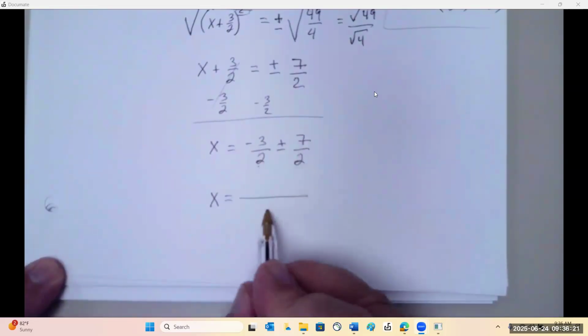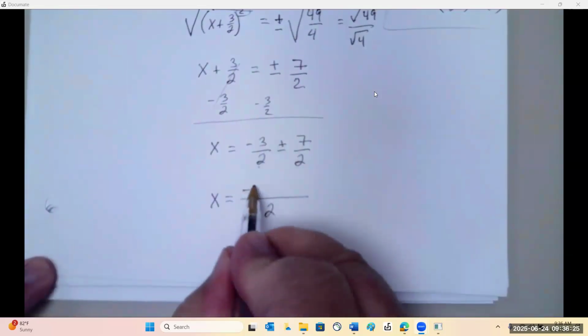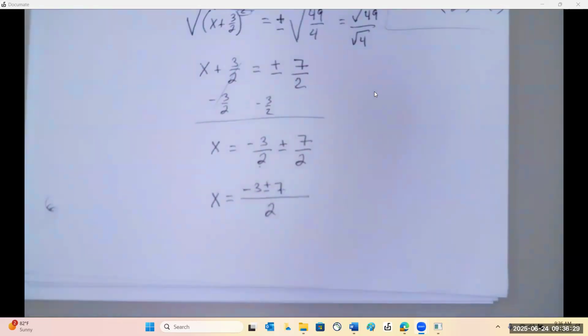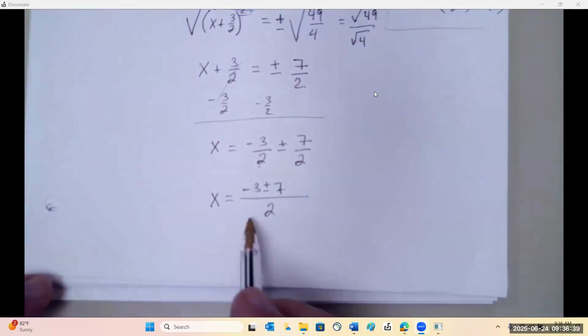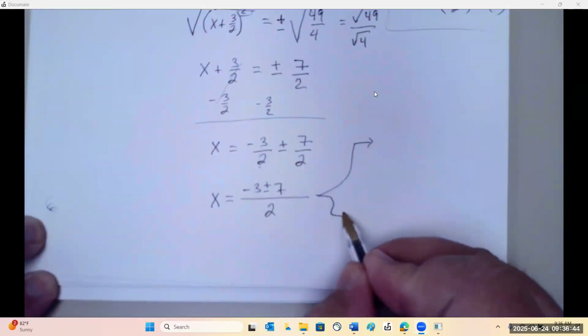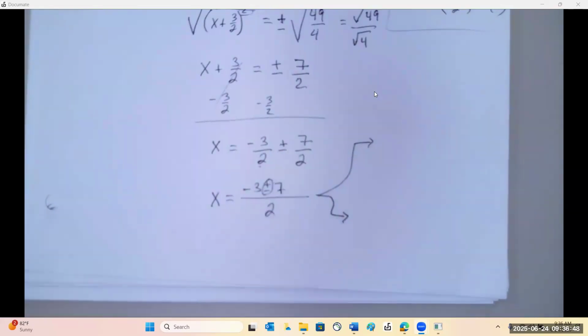Since they both have a 2 on the denominator, we're good to go. We just have to worry about the top. So it's negative 3 plus or minus 7. So from this point, we have to do 2 equations because of the plus or minus.